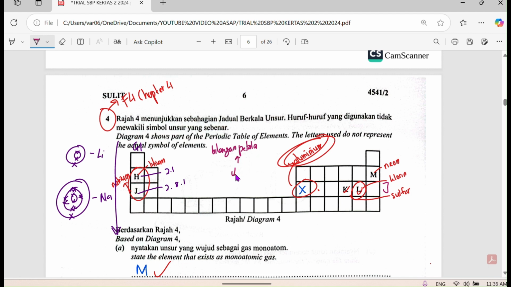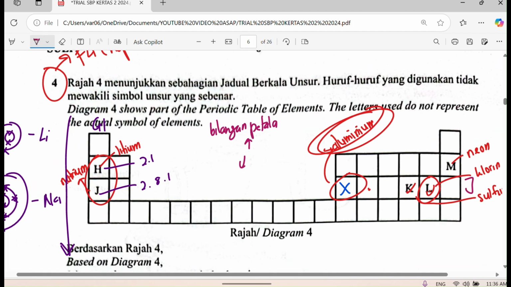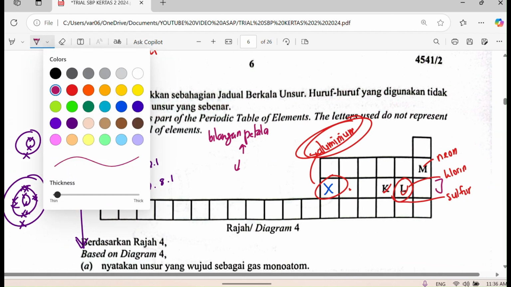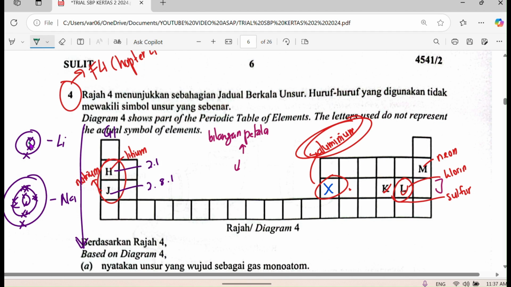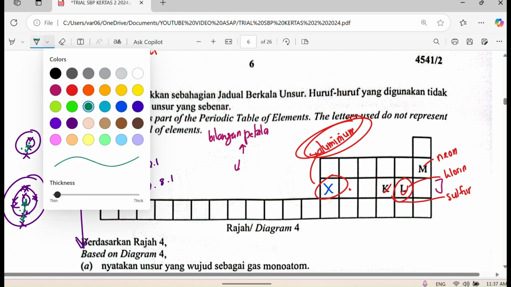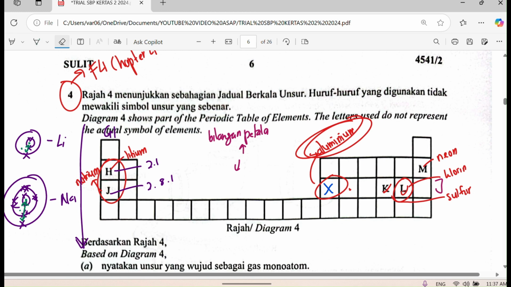When bilangan petala bertambah, the distance between the nucleus and the electrons, especially the valence electron, increases, correct? You look at the distance here and the distance here. Can you see the difference? Jarak antara nucleus dengan electron valence for your natrium, sodium is way jauh berbanding lithium.